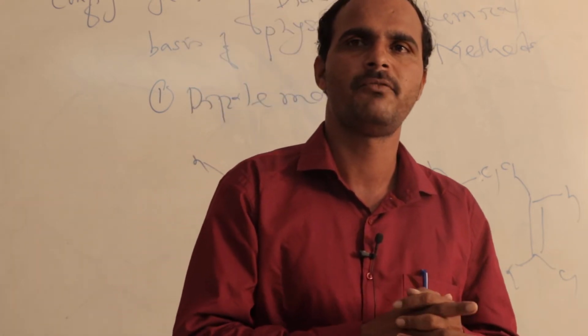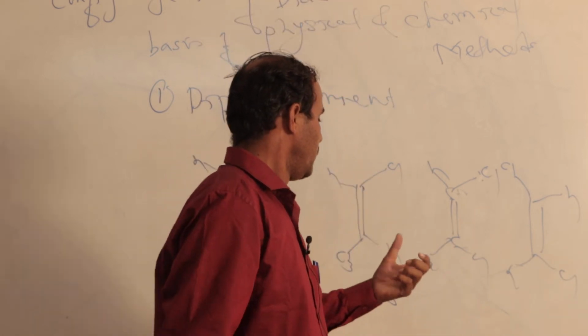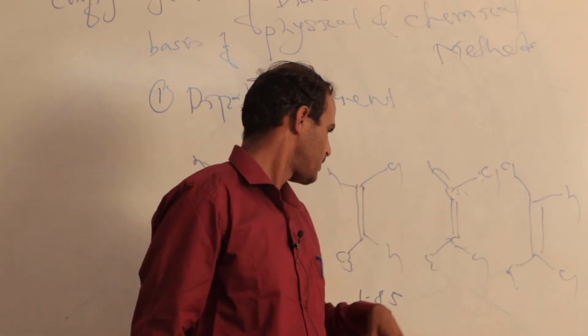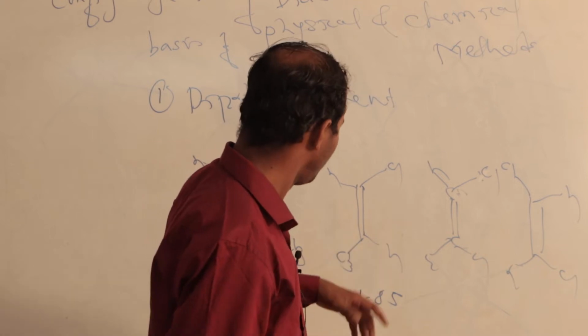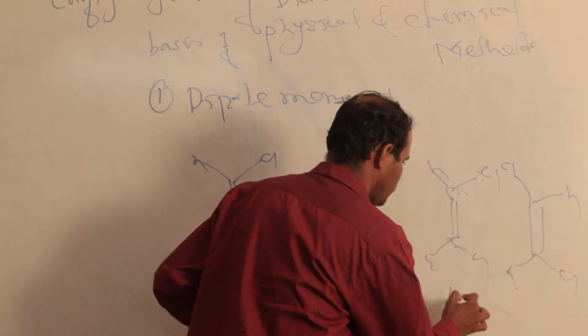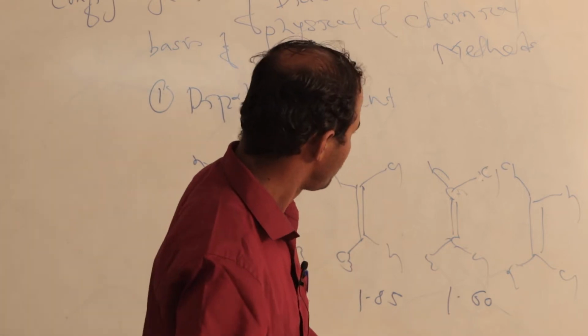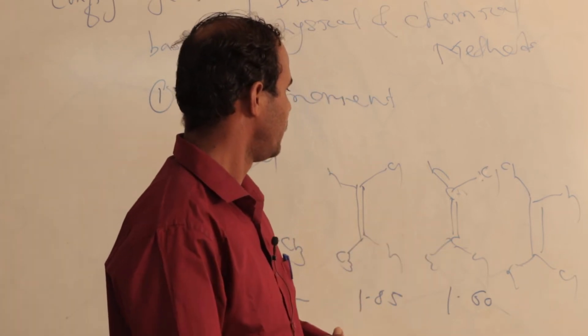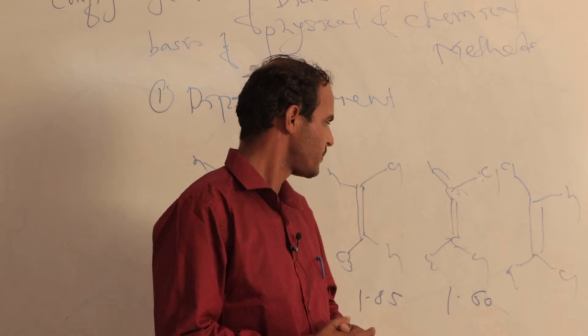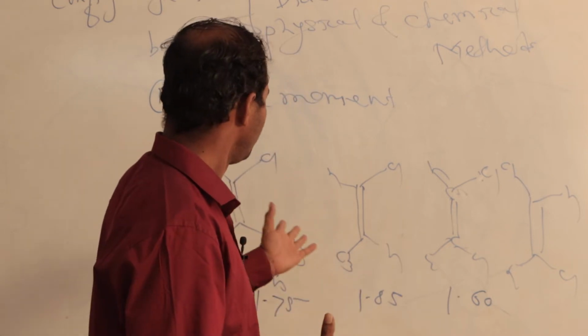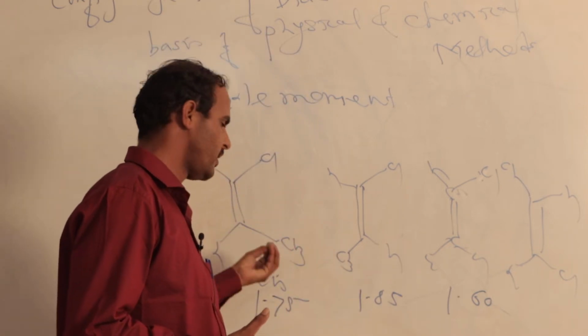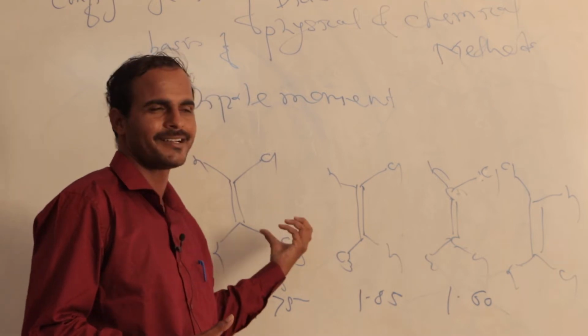That is, their dipole value is 0. If you consider the cis example, they have some dipole value, near 1.60.